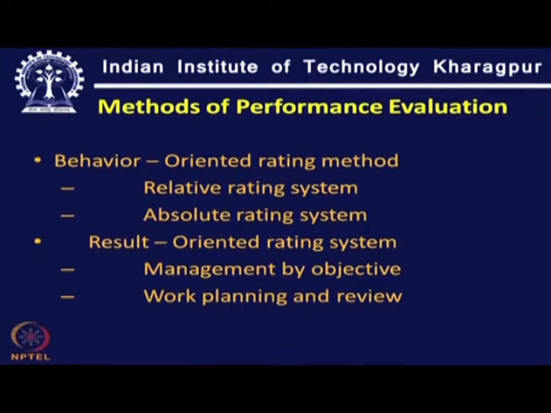And the result oriented rating method is classified under two headings, management by objectives and work planning and review. So, here we will slowly move through each of these methods of performance evaluation and try to find out what the positives and negatives of each are.